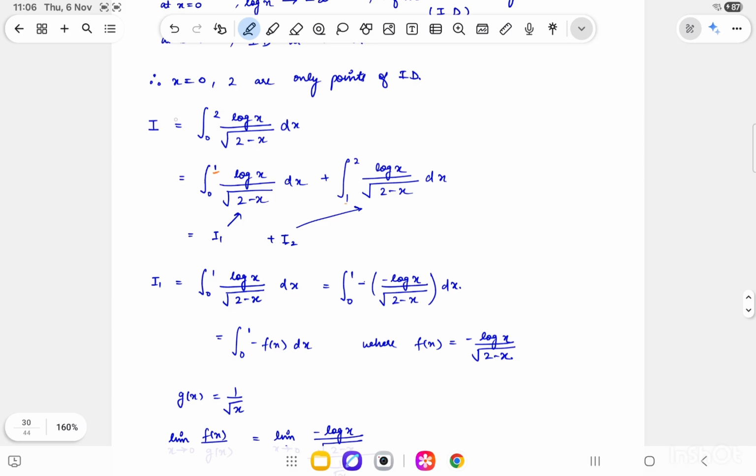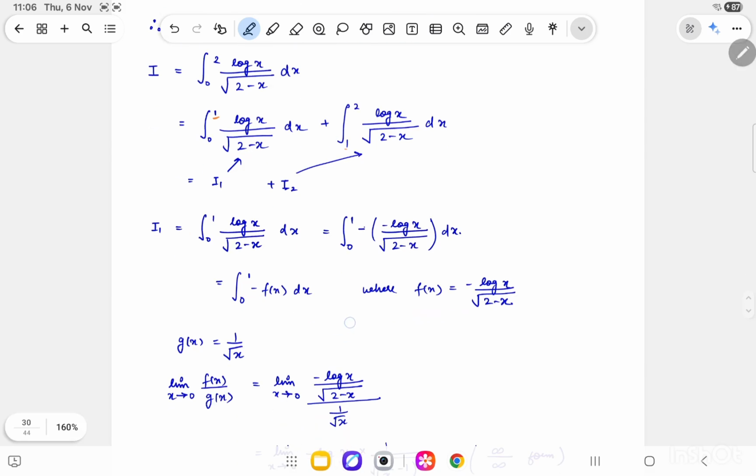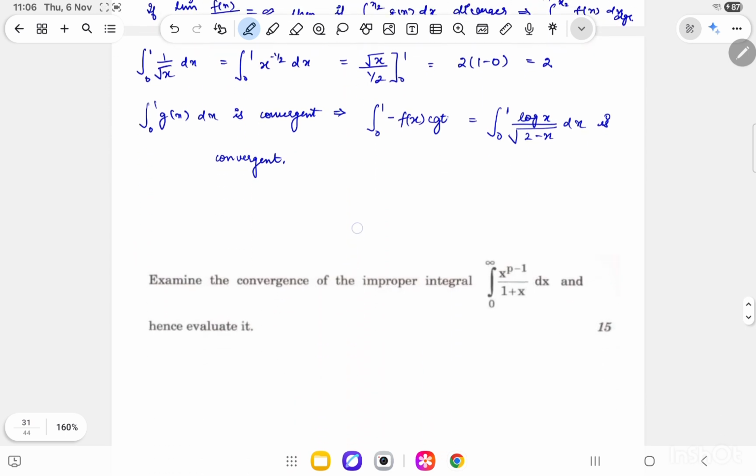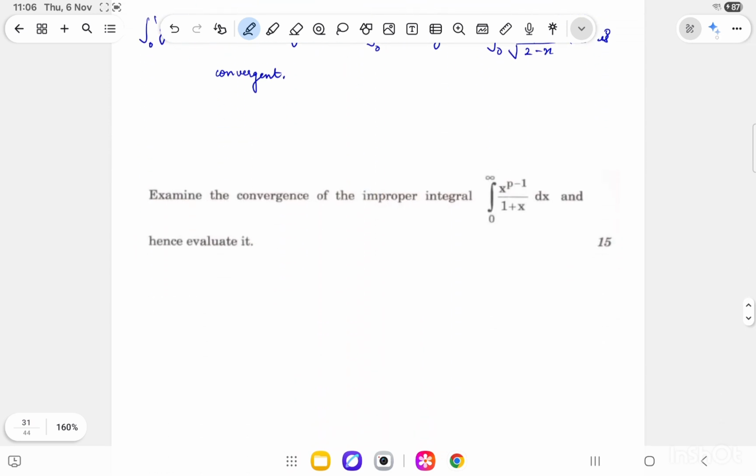Now in order to comment about the convergence of I, I need to check the convergence of I2 as well. So let's check the convergence of I2. My I2 is the integration from 1 to 2 of log x divided by square root of 2 minus x dx.